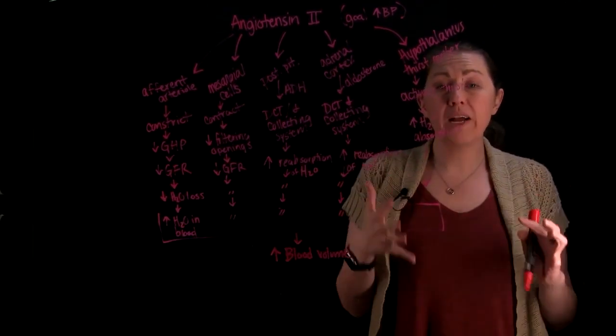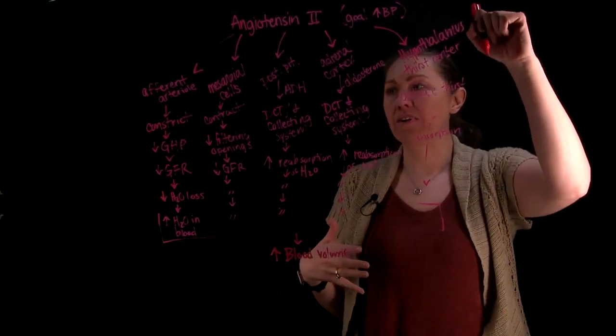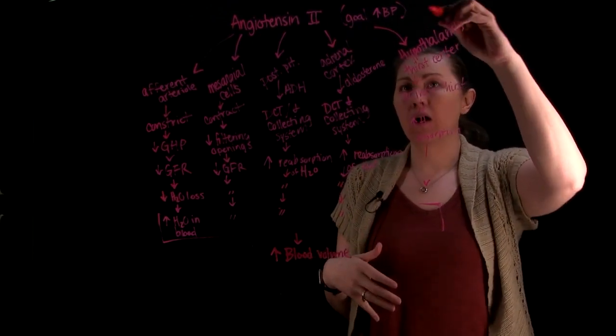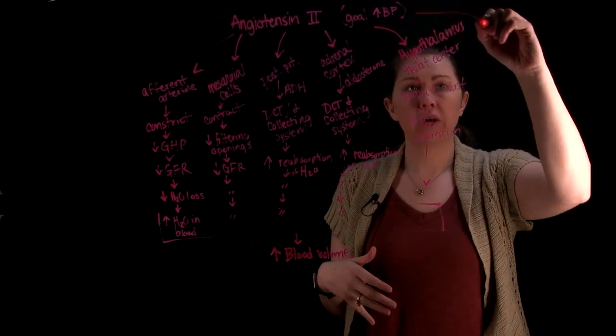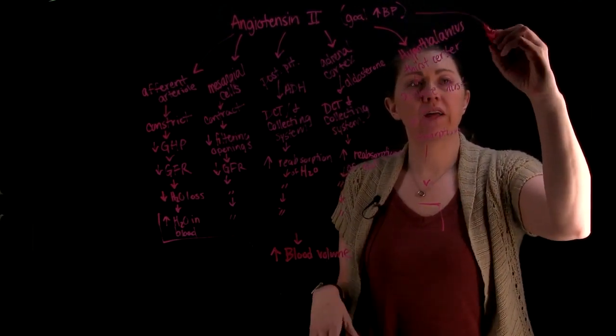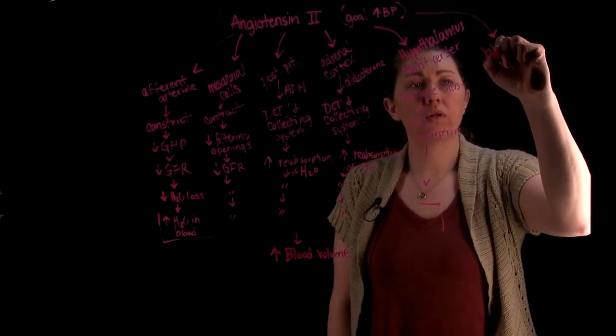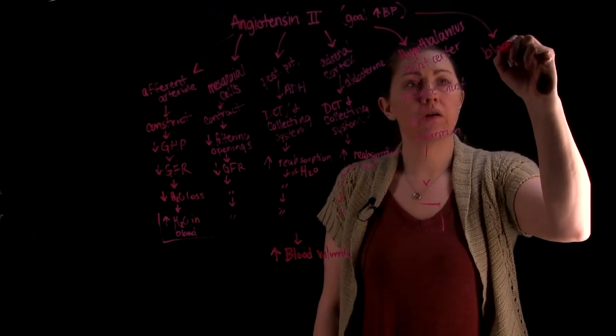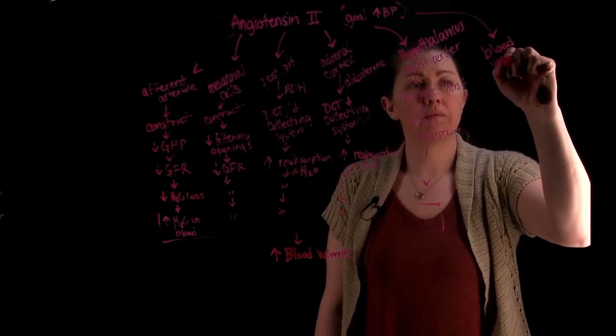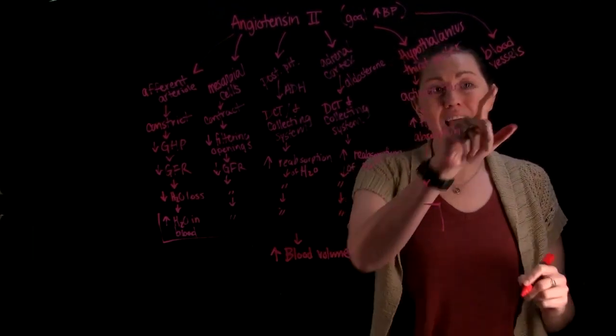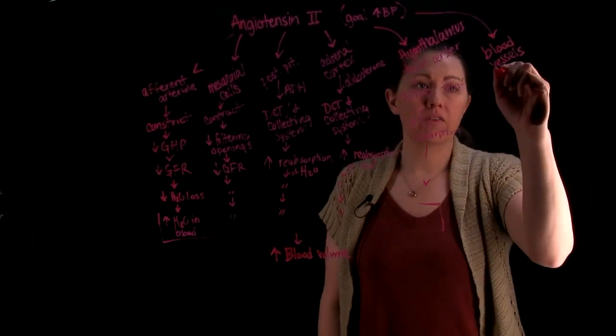Okay, there's one final effector for our angiotensin II, and that's blood vessels as a whole, not just this one. It'll be the same effect though. It's going to cause constriction.